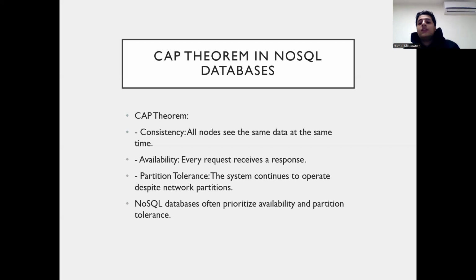Availability means every request receives a response, even if some nodes are down. And finally, partition tolerance: the system continues to operate despite network partitions. So the CAP theorem states that each system must have two out of these three. This makes them highly available and fault tolerant.